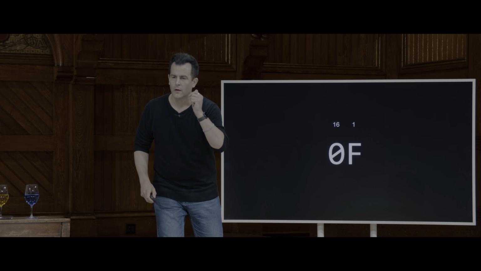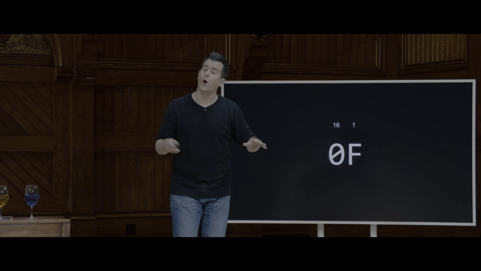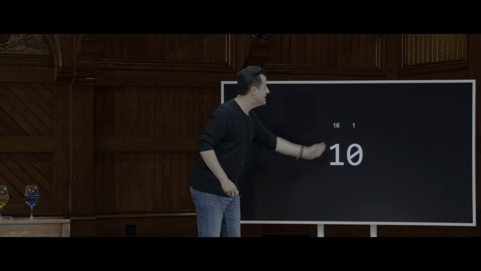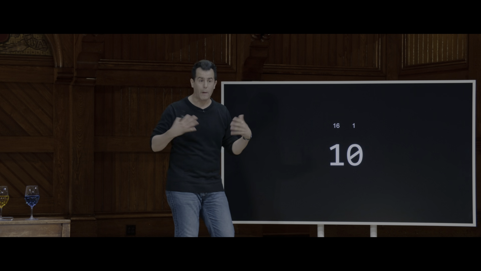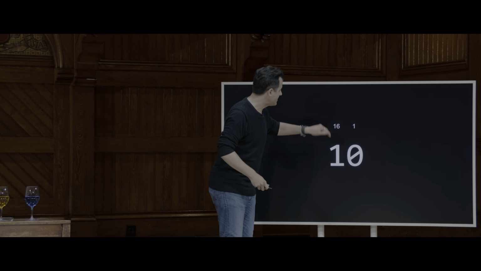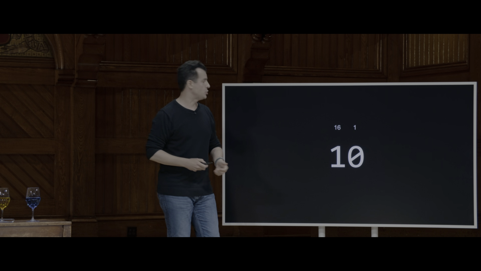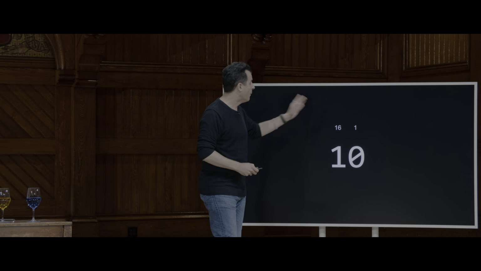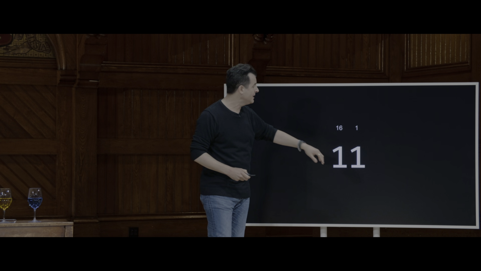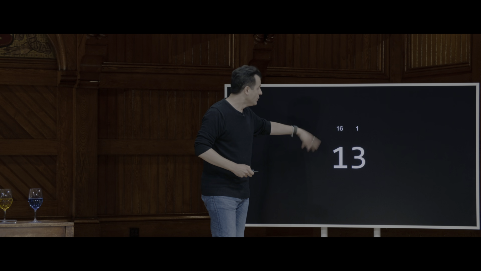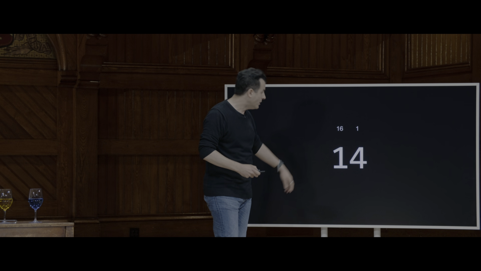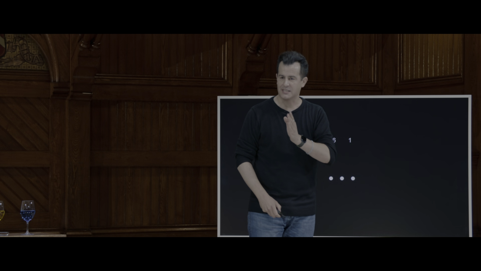Yeah. Exactly. So not 10, quote unquote, but 1, 0, because the 1 in the second column here to the left actually represents the 16s place. So it's 16 times 1 gives you 16, plus 1 times 0 gives you 0, so 16 in total. So this now is the way the number you and I would think of as 17, 18, 19, 20, 21, and if we go all the way up, as high up as we can count, well, what's the largest digit apparently in hexadecimal?